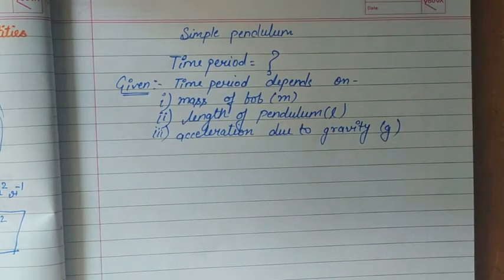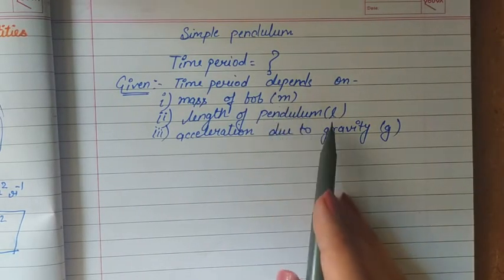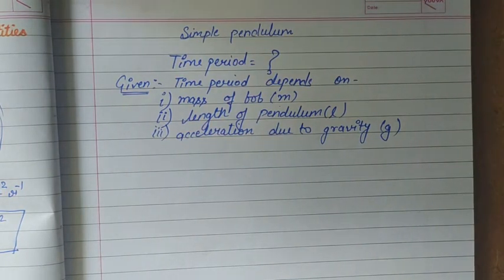So in the second example, we are going to find time period for a simple pendulum where it depends on the following three factors: mass, length and acceleration due to gravity. So we just know the factors and we are going to find the formula of time period.